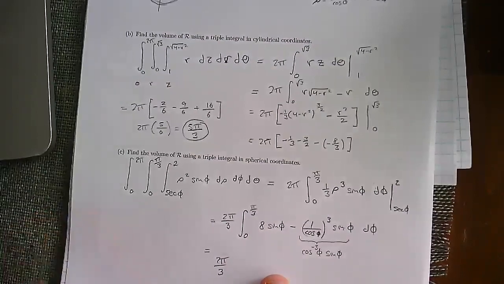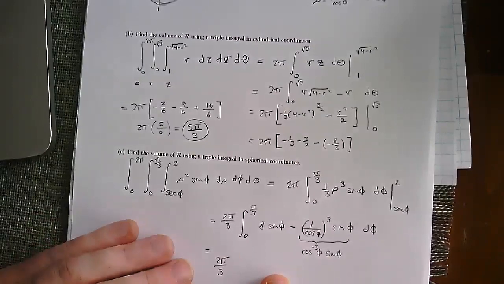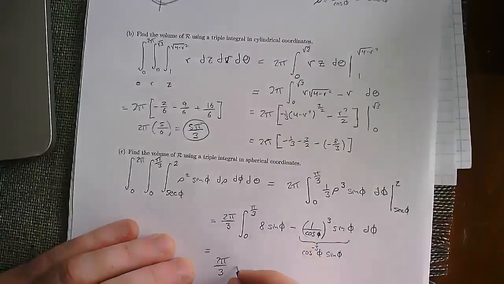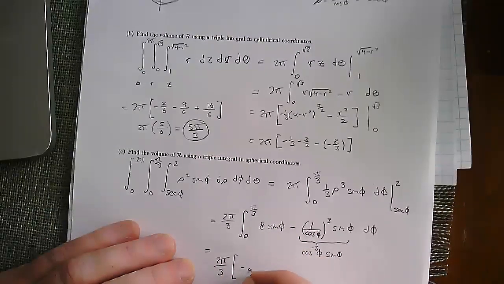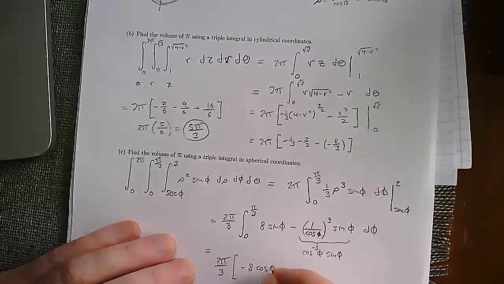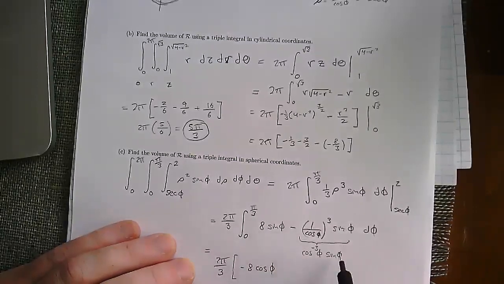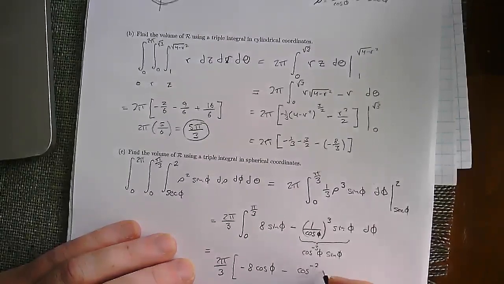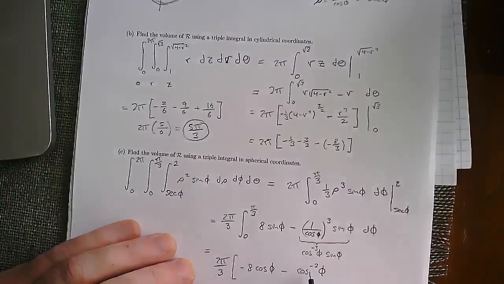Let's integrate now, or actually, I guess we've still got to do our antiderivatives here. So 8 sine phi would be -8 cosine phi, right? And here, let's see, what do we need to do to integrate? We need to increase that power by 1. So cosine to the -2nd phi. All right, we'll need to introduce a coefficient here, so we'll need that 1/2 out in front.